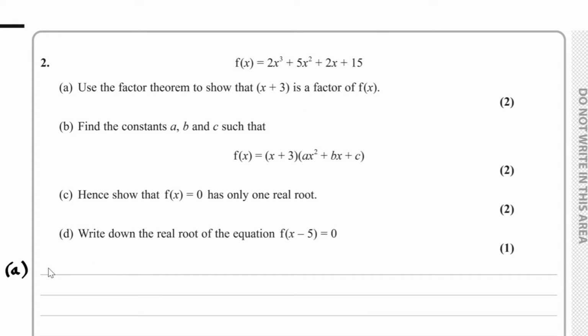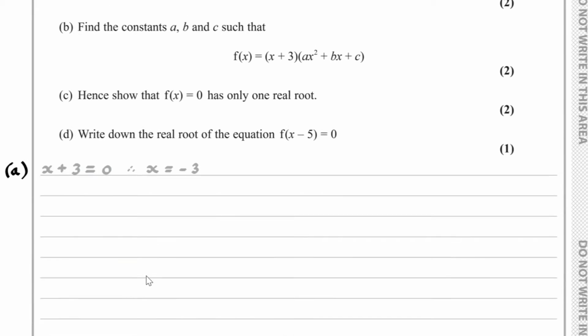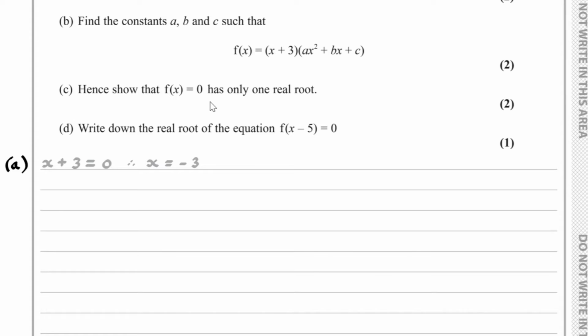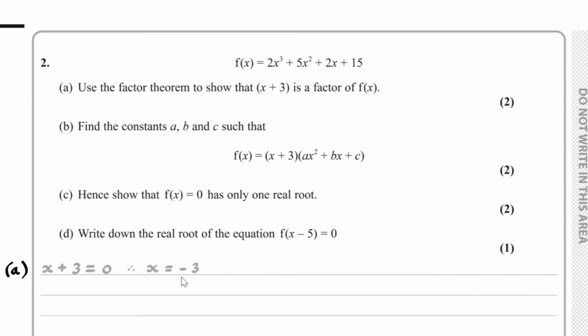well, what we need to do to begin with is set x plus 3 equal to 0. And if we do that, we can see then x is equal to negative 3. And so what we need to do at this point is substitute in x equals negative 3 into f of x.